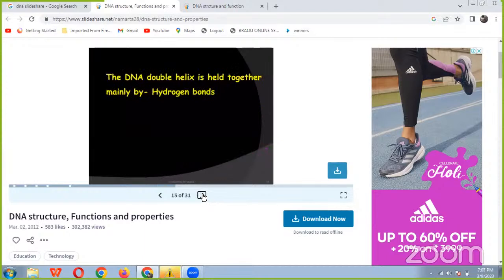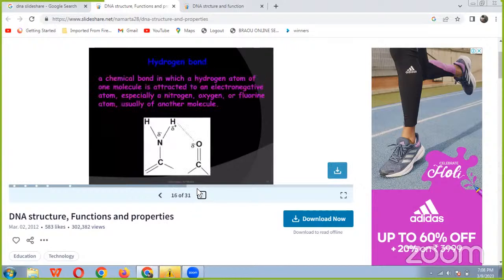The DNA double helix is held together by hydrogen bonds, especially A and T with double hydrogen bonds. What is the importance of the hydrogen bond? The hydrogen attracts electronegative atoms, especially nitrogen, oxygen, and fluorine.